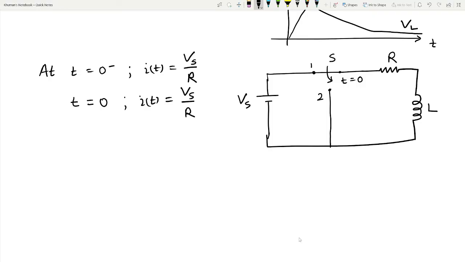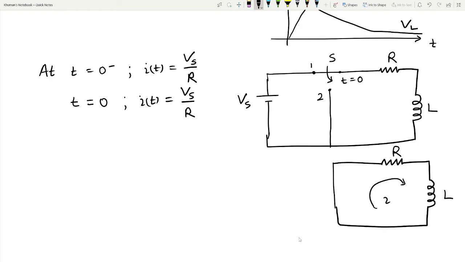Now we will draw the circuit. So after t equal to 0, that is t equal to 0 plus, the circuit will look like this. We'll consider this is the i(t). Then we can write this circuit as R i(t) plus L di by dt equal to 0.